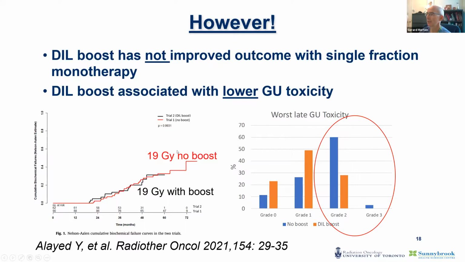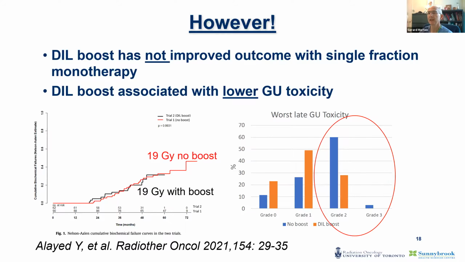This is results from 2 prospective randomized trials we've had looking at 19 gray without a boost. This is looking at the biochemical failure cumulative incidence, of 19 gray with a boost. And in fact, there was absolutely no difference in rate of recurrence despite boosting with single fraction 19 gray.